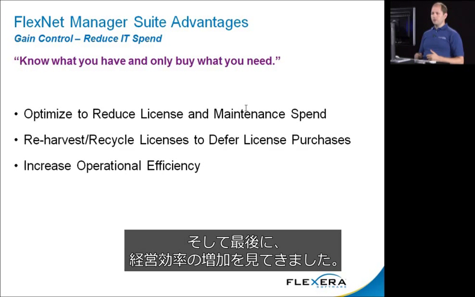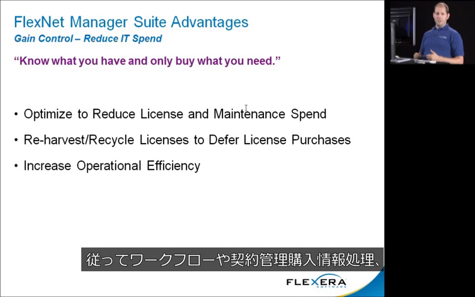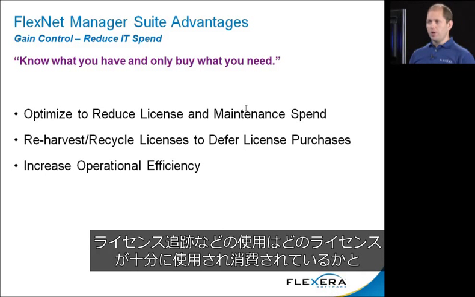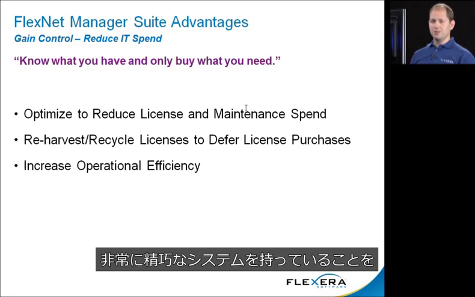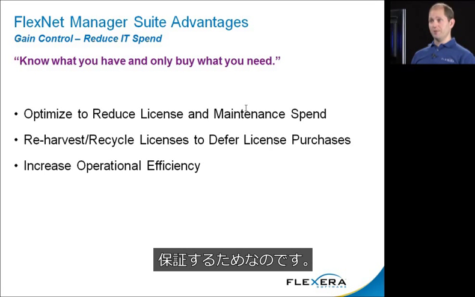And finally, we've looked at increasing the operational efficiency. So using things like workflow, contract management, purchasing information processing, and license tracking to ensure that we have a very slick system that adequately measures what licenses are being used and consumed and what's actually in the production environment.